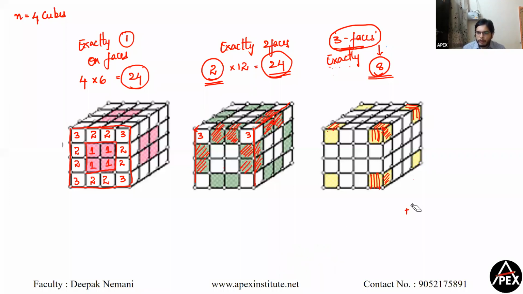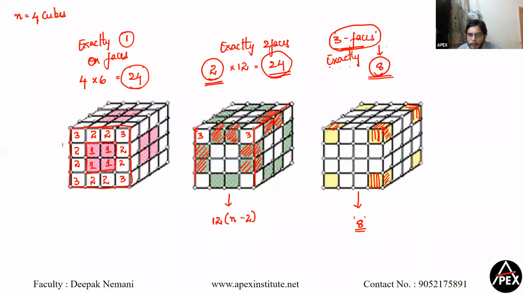I told you, irrespective of the total number of pieces a cube was cut into, the answer for exactly 3 faces will always be 8. There will not be any change in it. Now coming to exactly 2 faces, you can use this formula, 12 into n minus 2.